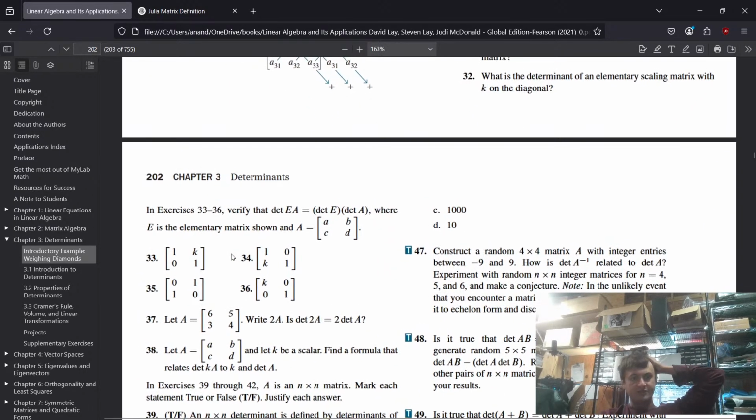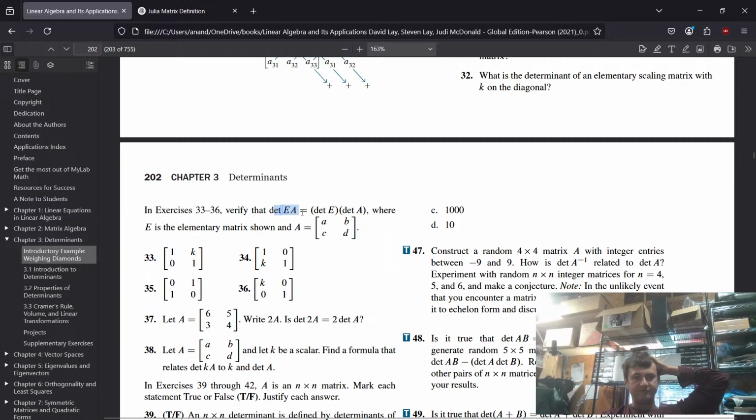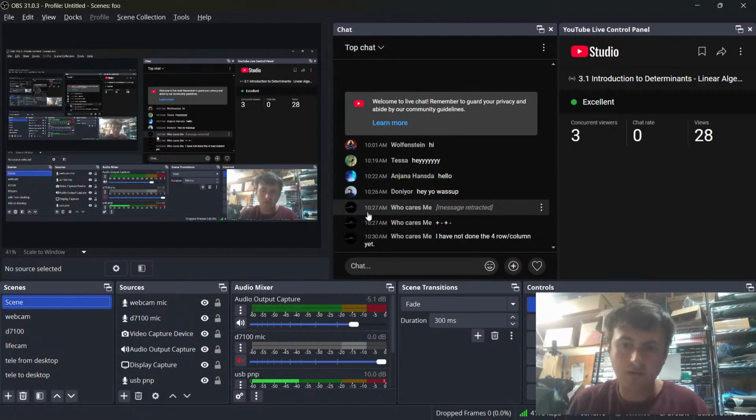Ooh, this is good. Verify that the determinant of the matrix product, well, E is an elementary matrix. So is it the case that, yeah, so this is actually, is this in general true? That's kind of what I want to know.